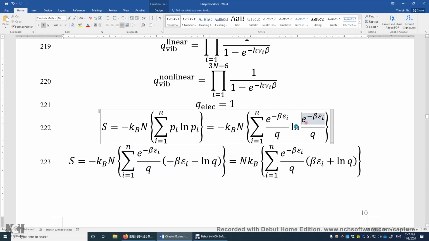Over here you have a division, so it becomes subtraction here. It's negative beta epsilon minus ln Q. We see a negative sign here, here, and here, so we simplify this. Now we have just beta epsilon i plus ln Q in the parentheses.